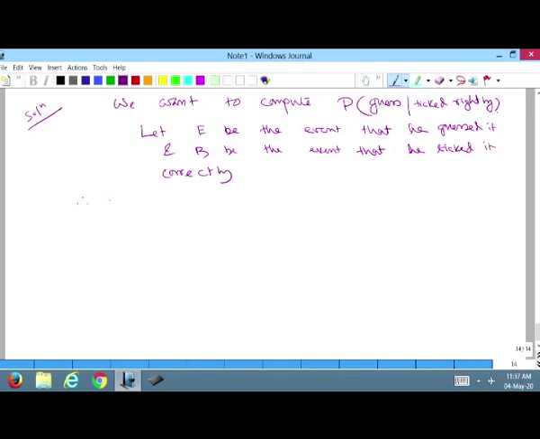Therefore, we want to compute the probability of E given B, which is the same as the probability of B given E into the probability of E, divided by the probability of B.